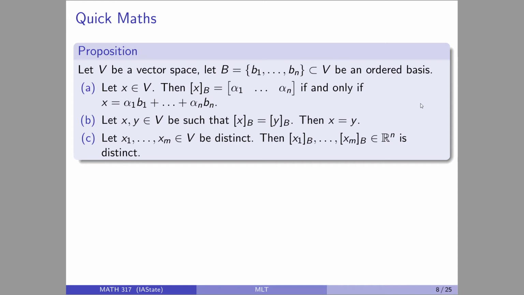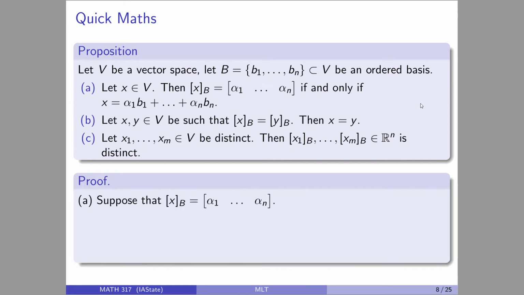Alright, so quick facts to prove here, and these are just going to be totally just unraveling of definitions. So suppose that we've got our representation of X in terms of Rn. As V is a basis, that means X can be represented as a linear combination for some scalars out of the reals, right? Now, what I want to prove is that those scalars are actually the ones in this standard coordinate vector.